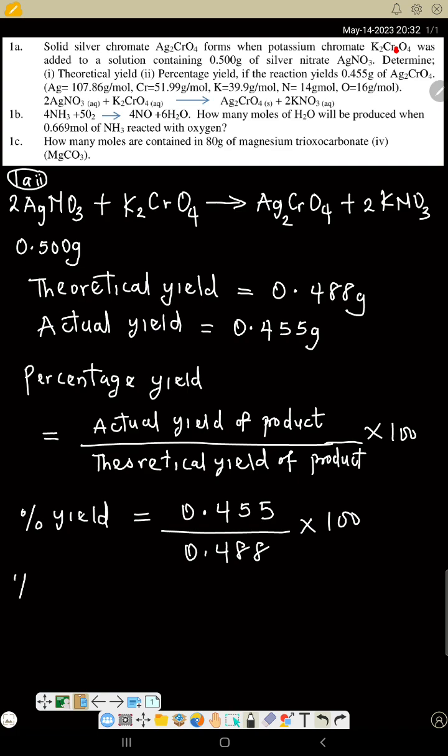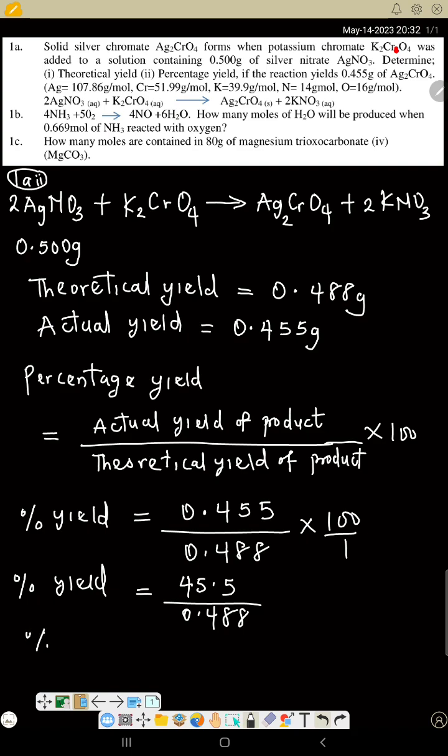So percentage yield is equal to, this 100 is over 1, so you can have 0.455 times 100, that is 45.5, divided by 0.488.